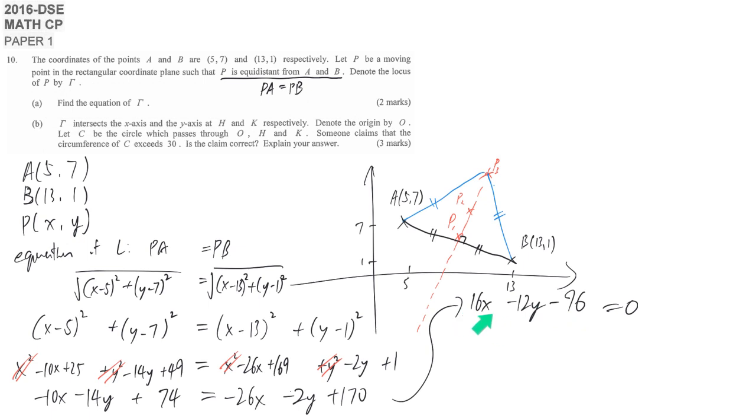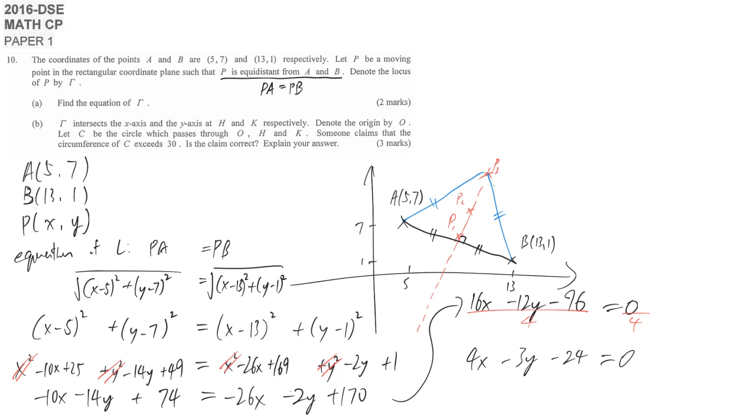So 16, 12 and 96 are all divisible by 4. So we divide both sides by 4, to make smaller values. That's the answer for part A.